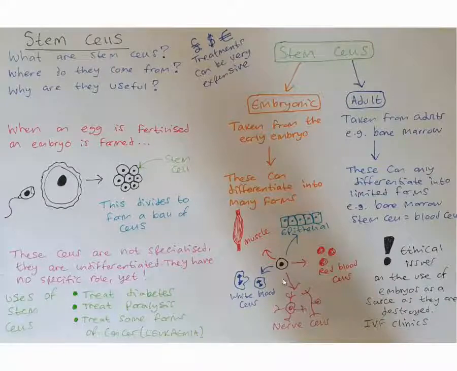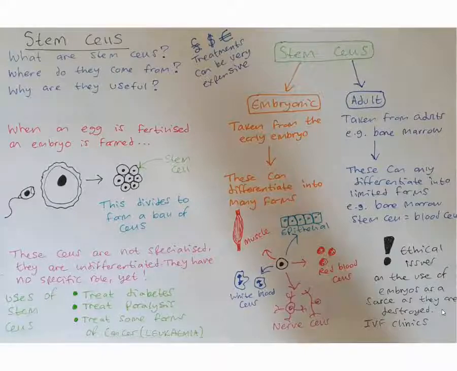The problem with them is the fact that there's a lot of ethical issues surrounding their use. We tend to get them and source them from IVF clinics, in vitro fertilization clinics. These are couples that struggle to have a child naturally and need a little bit more help and support, where the sperm and the egg are brought together outside of the body, and then the embryo is implanted back into the female for the pregnancy to occur.